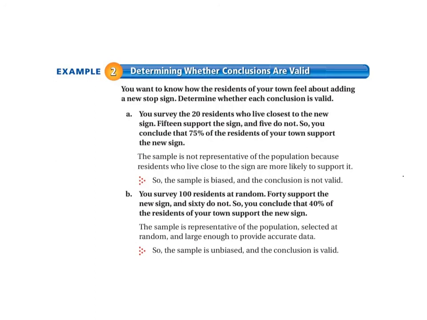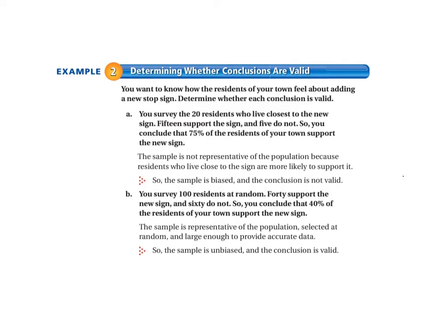Example 2, determining whether conclusions are valid. You want to know how the residents of your town feel about adding a new stop sign. Determine whether each conclusion is valid. A, you survey the 20 residents who live closest to the new sign. 15 support the sign and 5 do not. So you conclude that 75% of the residents of your town support the new sign.